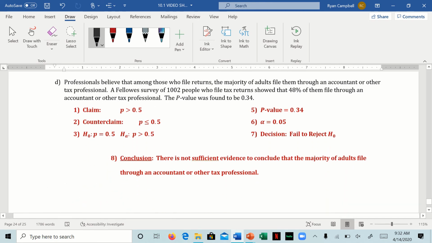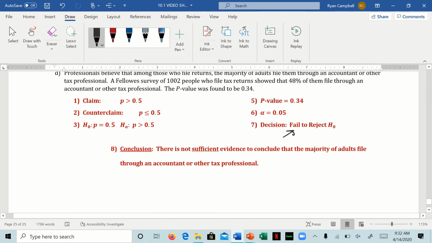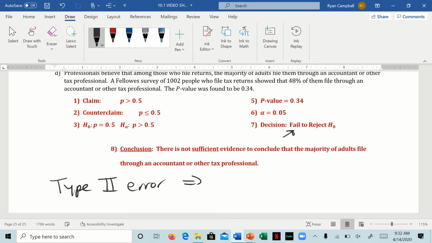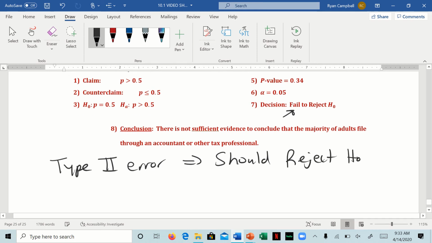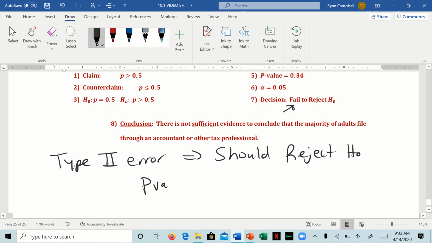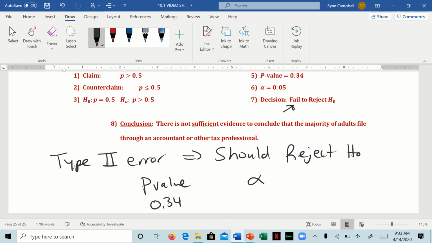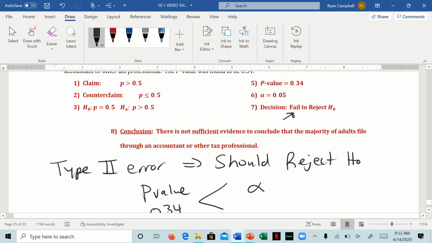All right, part D. So we failed to reject, so that is a type 2 error, potentially. So to fix it, well, let's go back. What should we have said? We should have rejected the null hypothesis. So the p-value is 0.34. So that means that if we rejected it, then the p-value has to be less than our alpha.